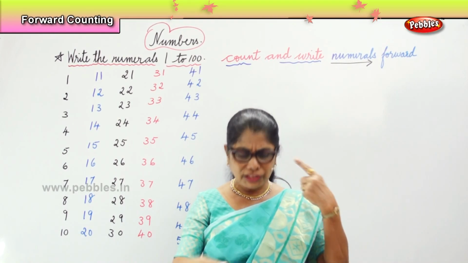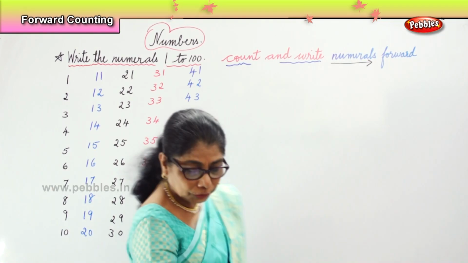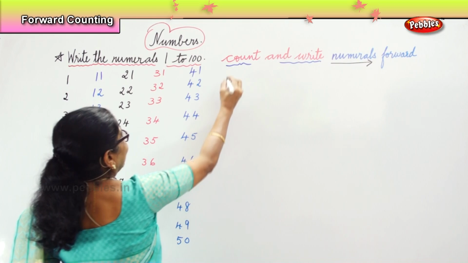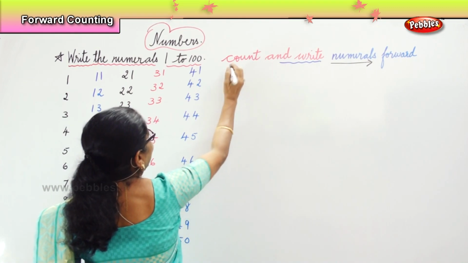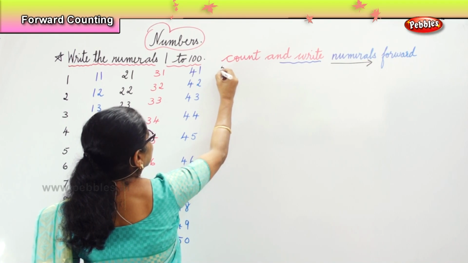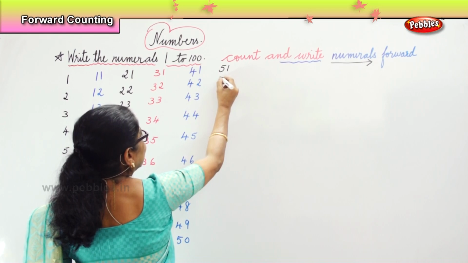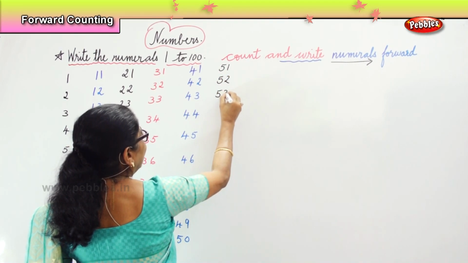Now we have to add just 1 to make it 51. Okay, so next we are going to count forward 51. We're going to write 51. Good. 52. Good. 53.